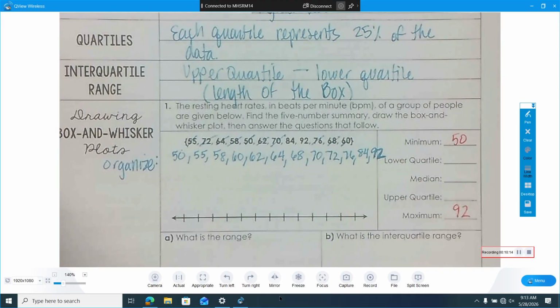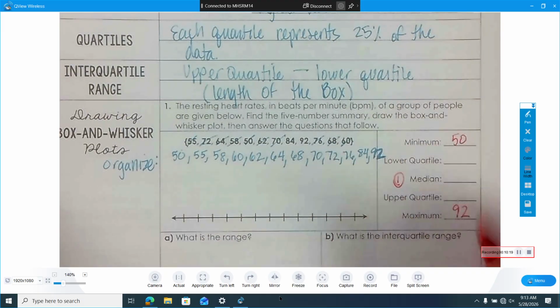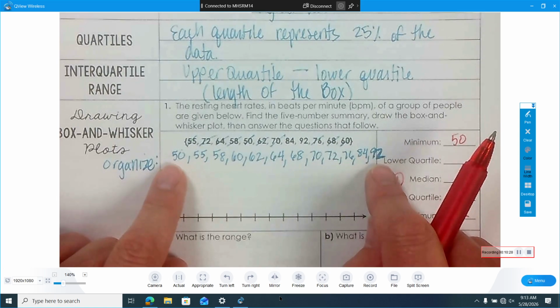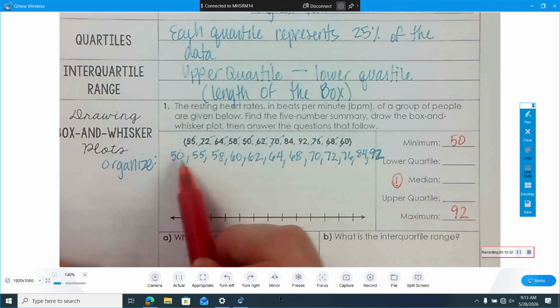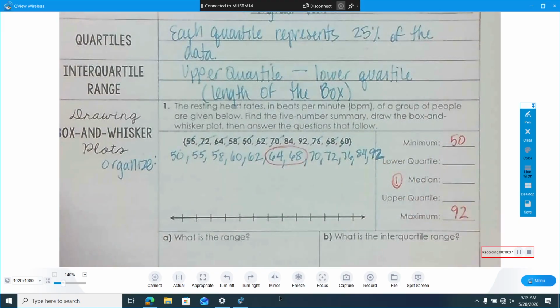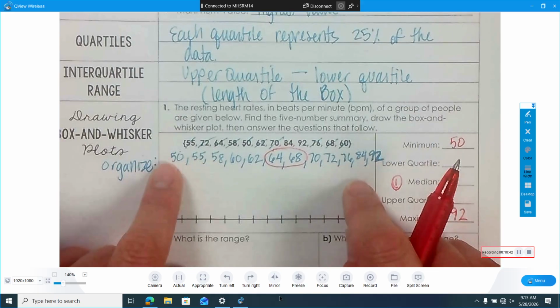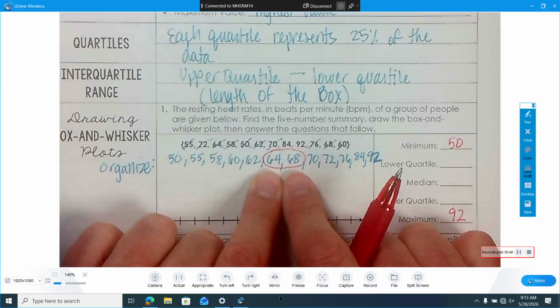All right, now we need to find first the median. So the first thing we want to do, I'm going to put a number 1 by that. We need to find the median, the very middle of the data. I have 12 items. Where's the middle going to be? Between the 6th and 7th one. Because we have an even number of data points, the median falls between these two values.